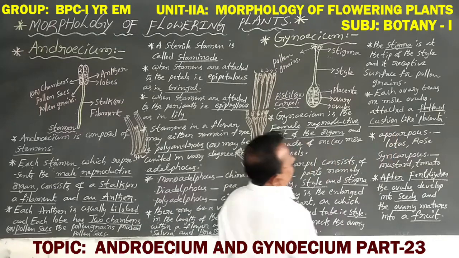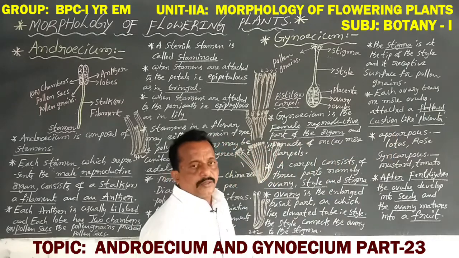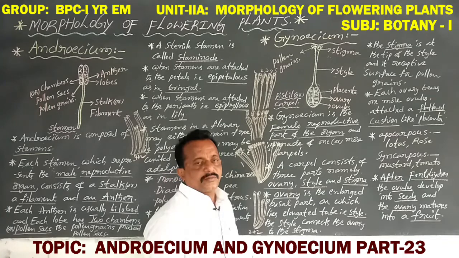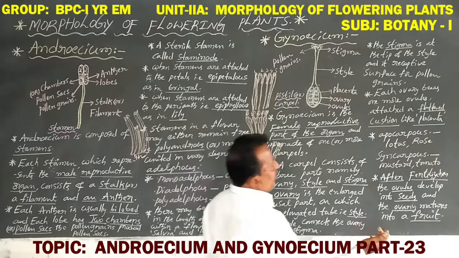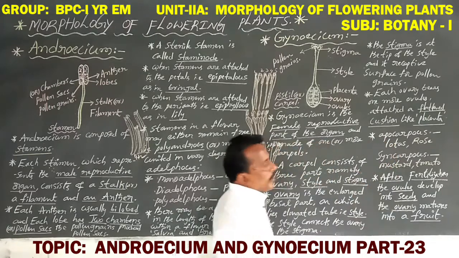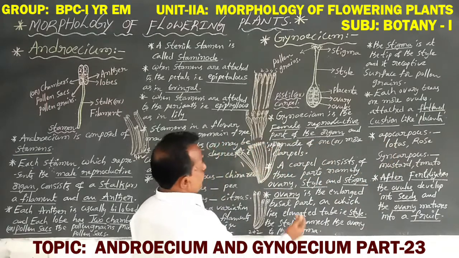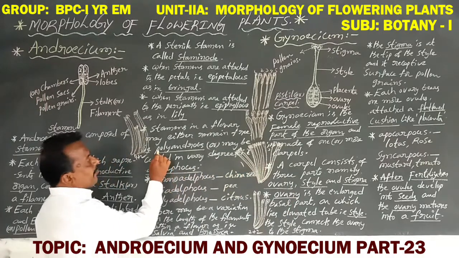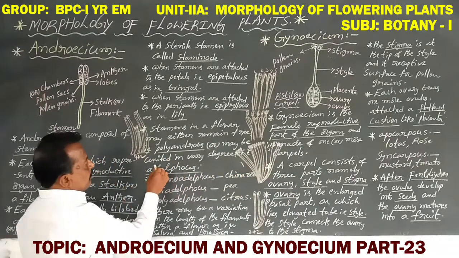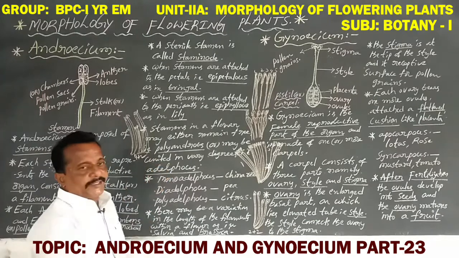Okay, now the carpels may be free. That is called apocarpous. Similarly, the stamens may be free, that is polyandrous, and the stamens may be united, that is adelphous.